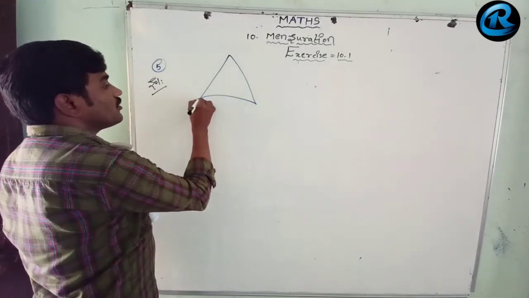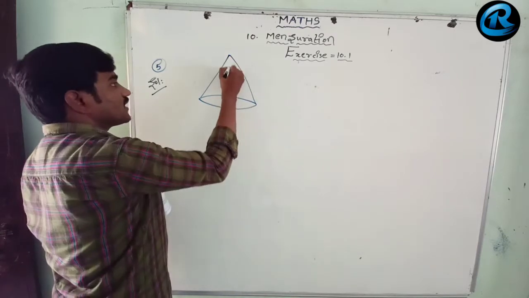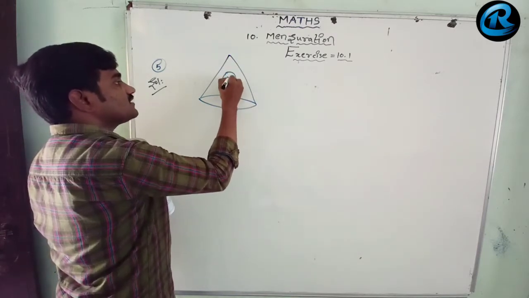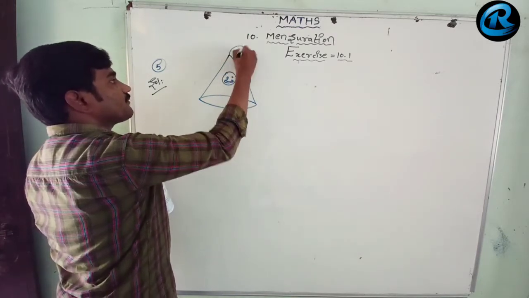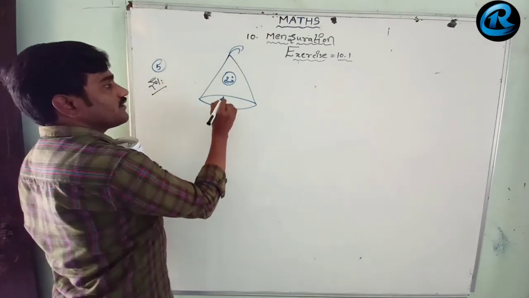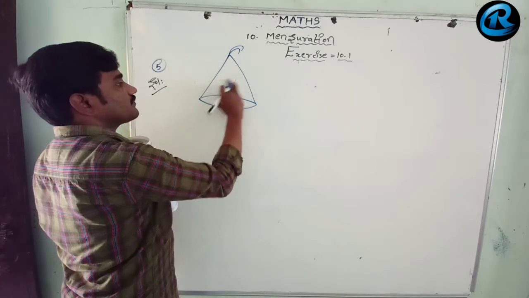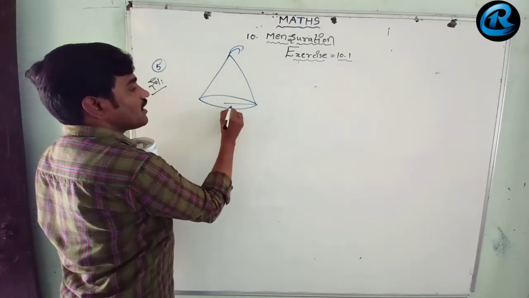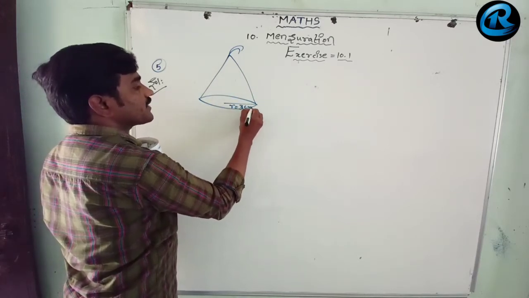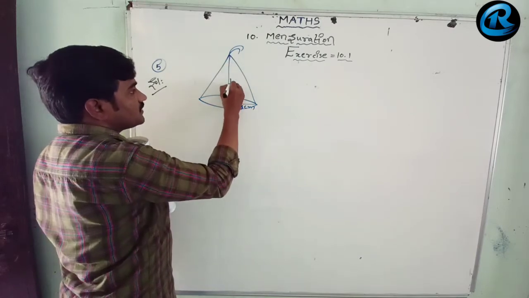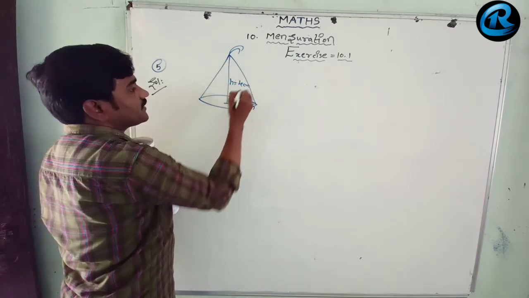So they want to manufacture joker caps. This I don't require. 3 cm radius and height h equal to 4 cm.